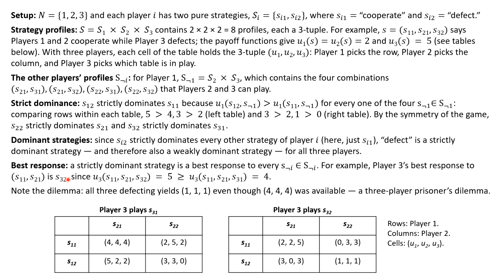Let's see, I had one other example here in terms of a best response. For example, player 3's best response to S11, S21. Let's see, where is that? That's this here. So what would be the best response? Well, you could either get a 4 or a 5.